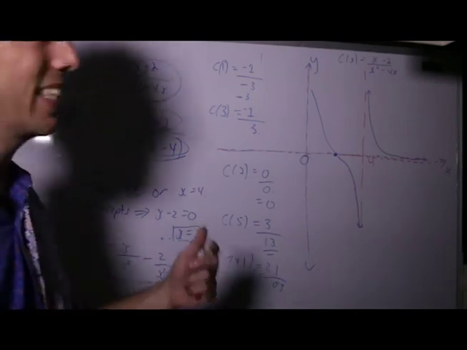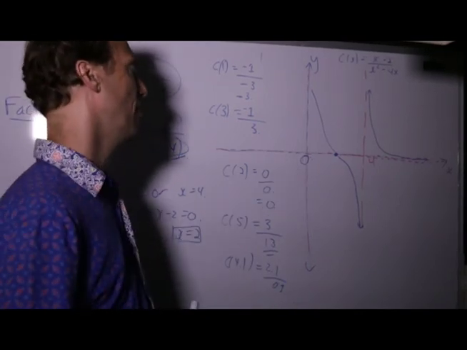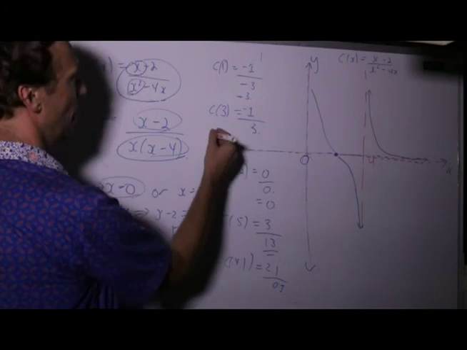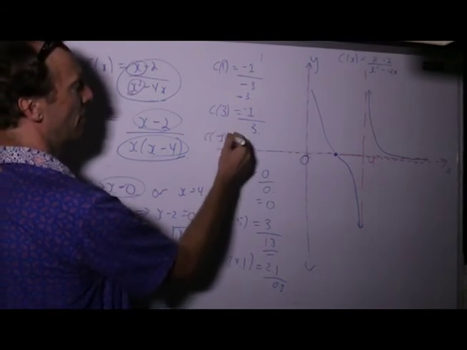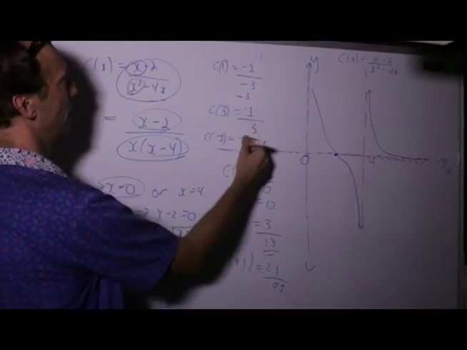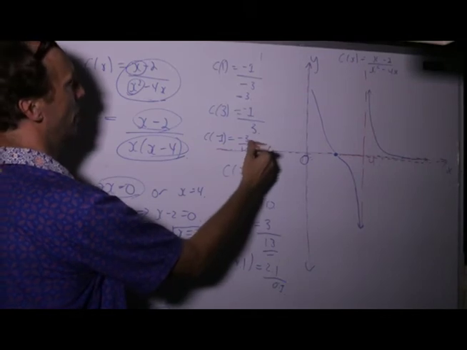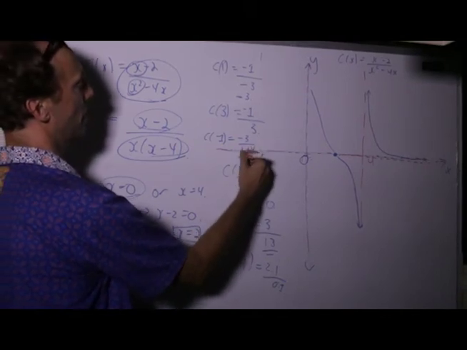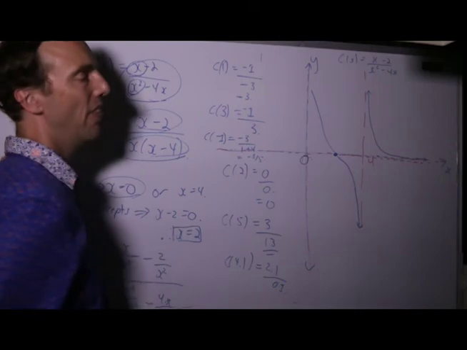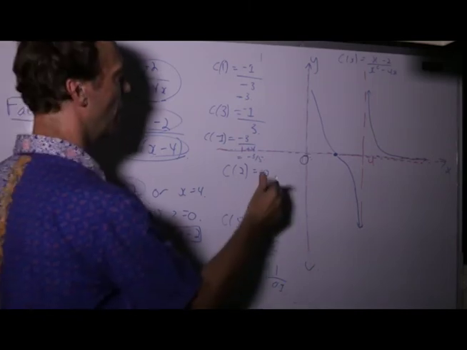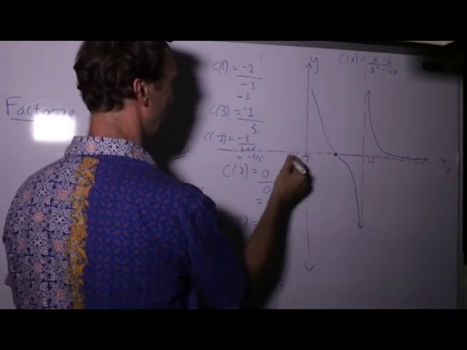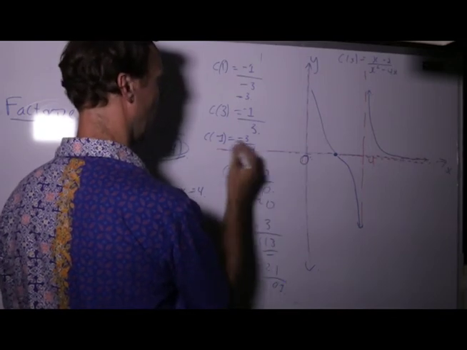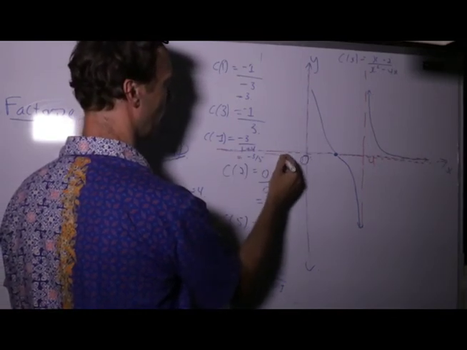Then we look on the other side of 0. Let's test negative 1. c of negative 1 is negative 3 over 1 minus 4 times negative 1, which is 1 plus 4, giving negative 3 over 5. That means as you go along, it's getting closer and closer to here.